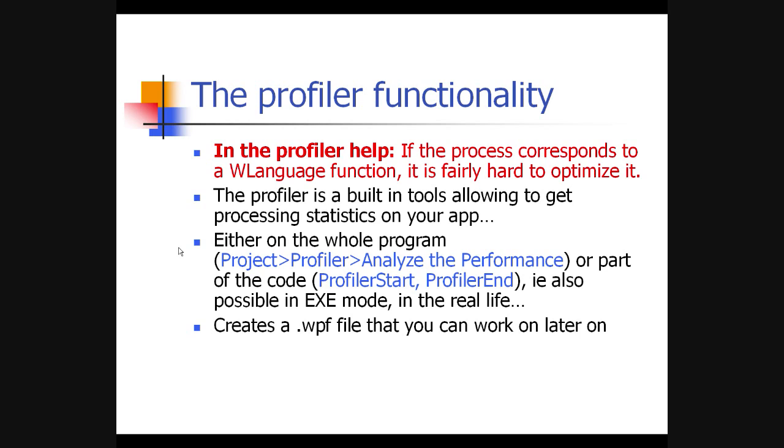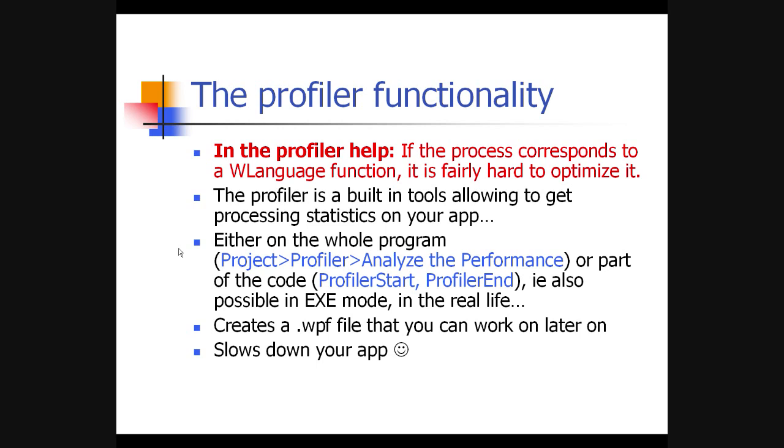The WPF file is created in both cases if you are analyzing the whole file or using the profiler, start profiler, and the commands, and also if you're in test mode or if you are in executable mode. So in every case, each time you're doing an optimization analysis, you will have a WPF and you will be able to work on it now, later, compare the result from one to the other, and so on.